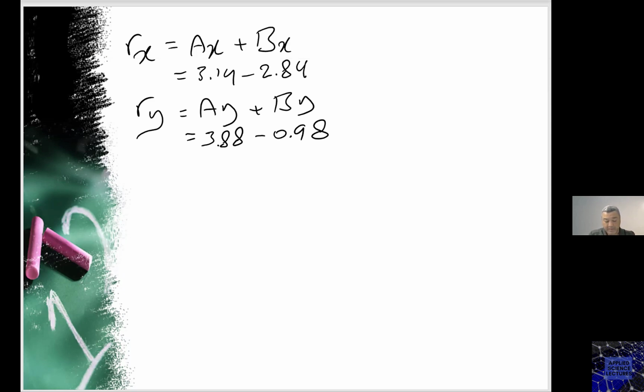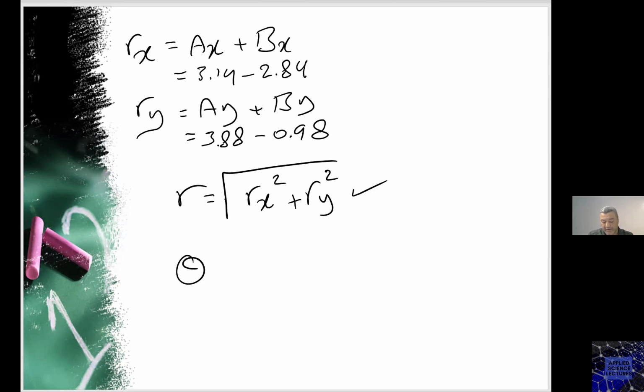Then find Rx, find Ry, then you can now find R. I'm going to leave the numbers for you. This is the magnitude, and then you can find theta, which is the tan inverse of Ry over Rx.